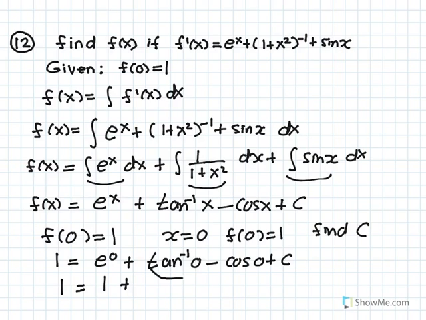Tan minus 1 of 0 is just 0. Cos of 0 is 1 plus c. If we solve for c, 1 minus 1 cancels, and we get c is equal to 1. So what we have here is f of x is equal to e to the x plus tan minus 1 x minus cos x plus 1.